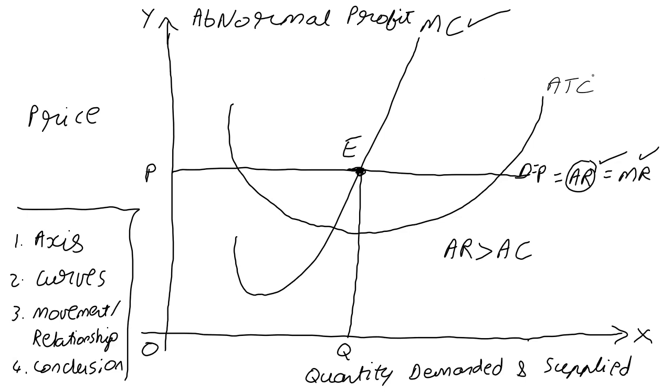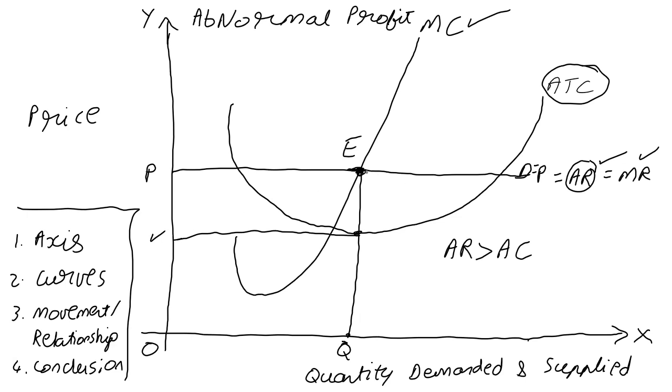This. But how much is your average total cost? Your average total cost corresponding to a quantity Q is this point over here, and I'm going to extend from here until the y-axis. So this would have been your price if you were going to earn a normal profit.